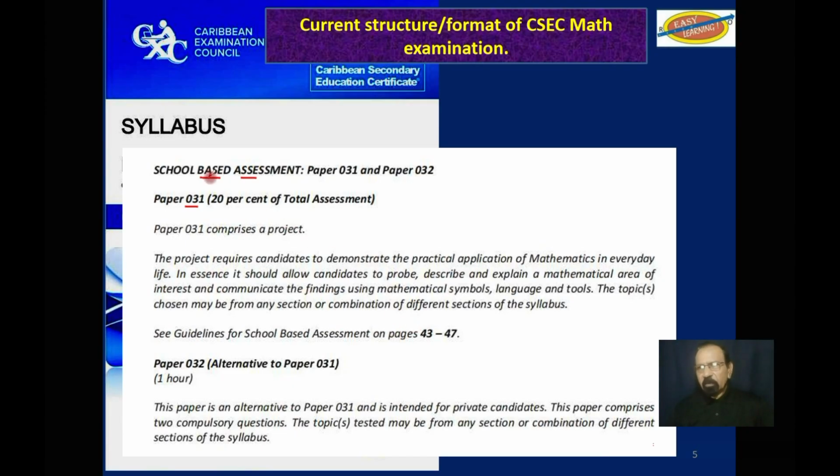That is, if you are a student in school. If you are not a student in school and you're writing this exam as a private candidate, then paper 3 will be 032, where you will be given data and asked to do certain statistical analysis on that data during this exam.